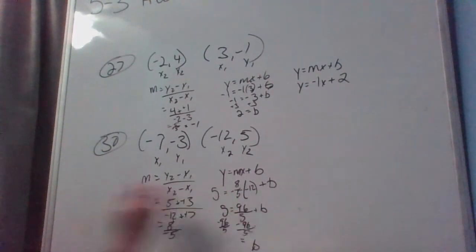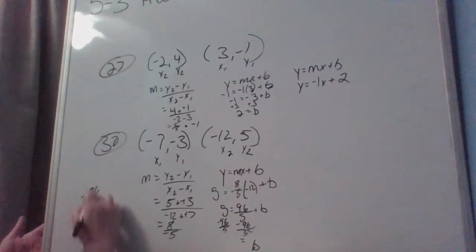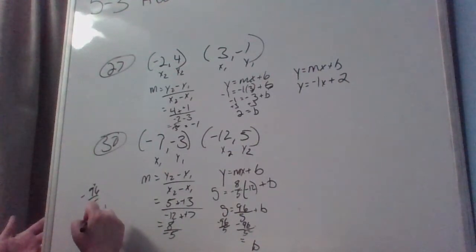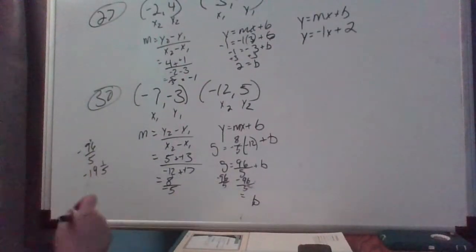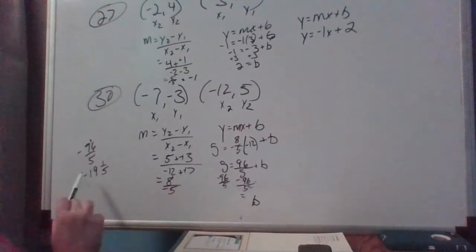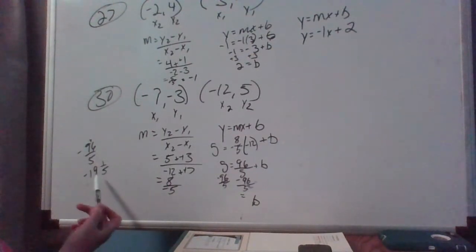96/5 would be -19 1/5. Yeah, -19 1/5. So we can think about 5 plus a -19 1/5.